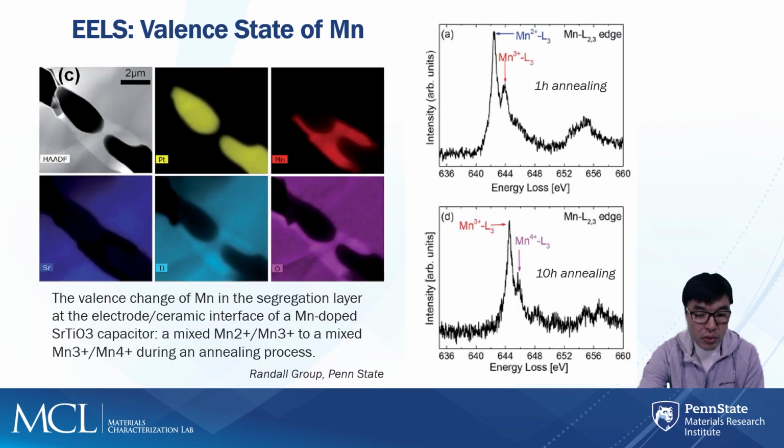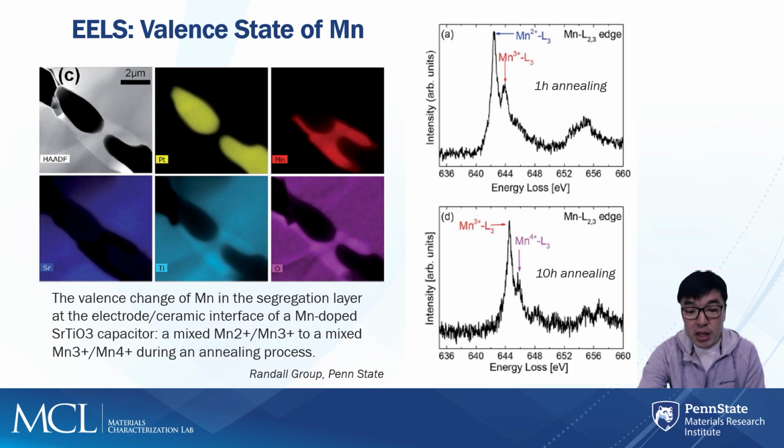The material here is a manganese-doped STO capacitor. By doing EDS, we can see there is a manganese-rich segregation layer, which is formed at the interface between the electrode and the STO substrate.